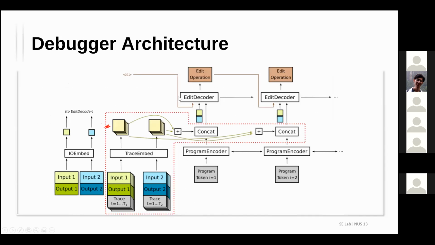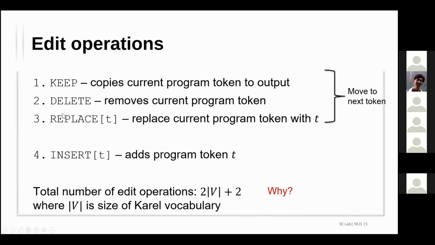So if we go back to here, the edit operations are actually a simple thing of whether it keeps, inserts, or deletes with respect to this program token itself. For the first 3, which are keep, delete, and replace, it moves to the next token. But if I insert, it actually stays at the current token, because I might insert multiple lines.